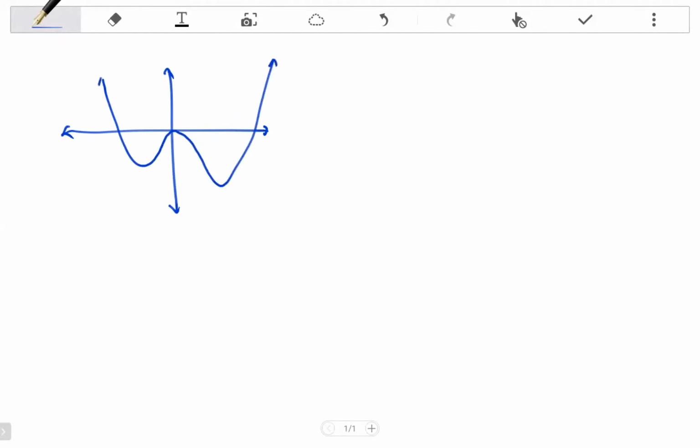Our graph looks something like, if I can draw this well, something like this, right? Where this is -2, that's 0, and that's 2.5. And we have 4 answer choices, A, B, C, or D.